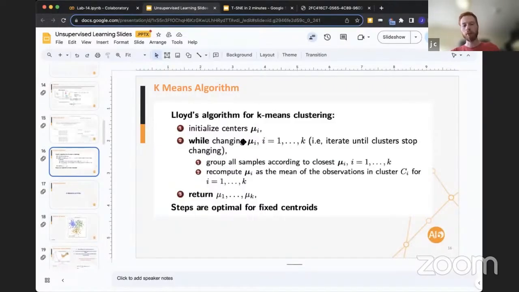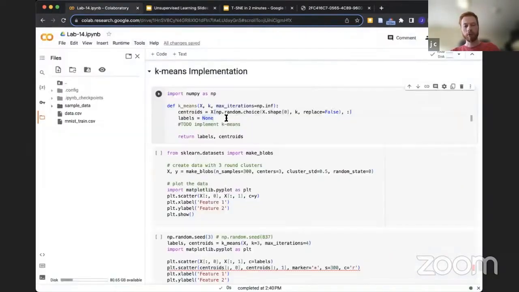Now, while it's changing, we have to update our steps. So now we need to know if our labels changed, if we want to write a while loop. So we start, let's call it our while loop.